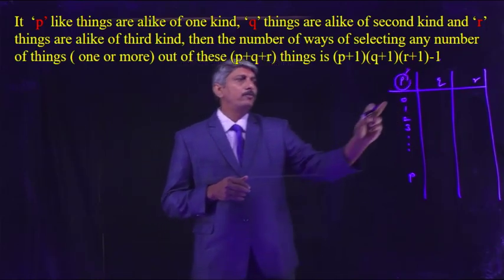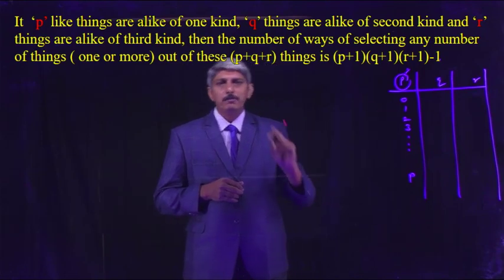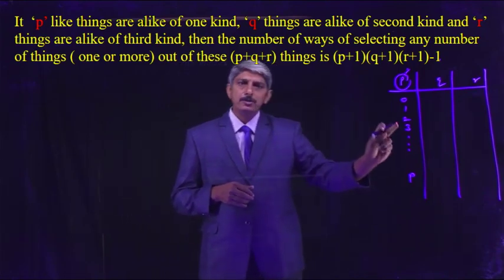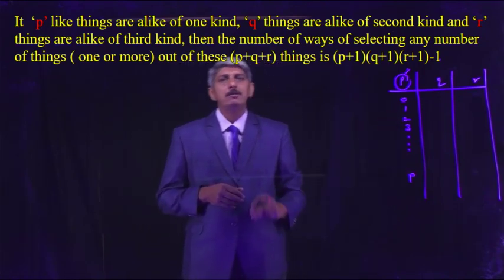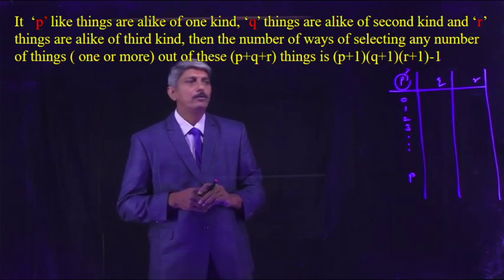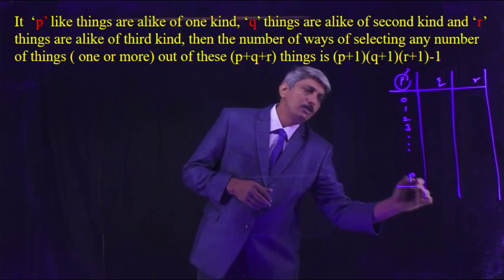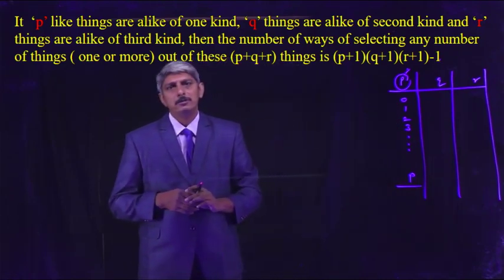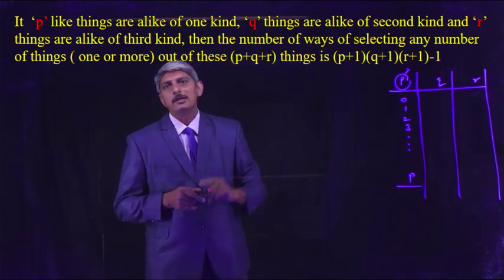The value of PC0 is 1, PC1 is 1, PC2 is 1 and so on, PCP is also 1. Therefore we just count the cases, because all these are like things.